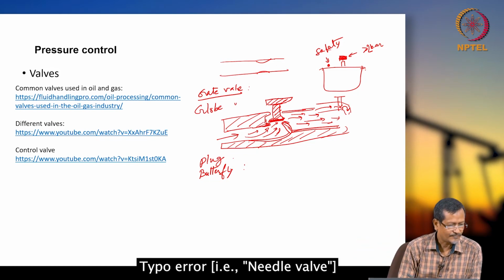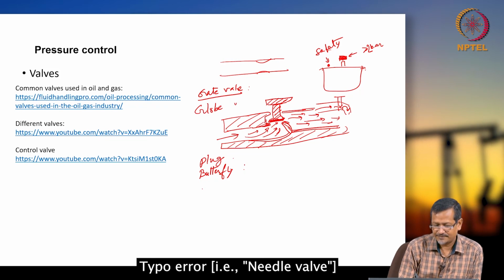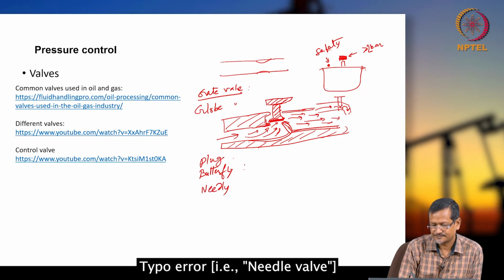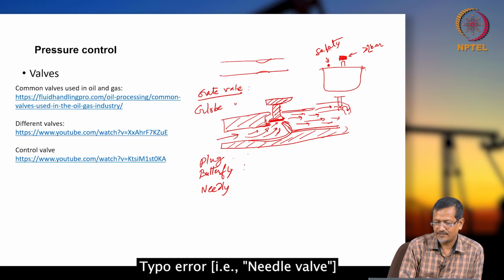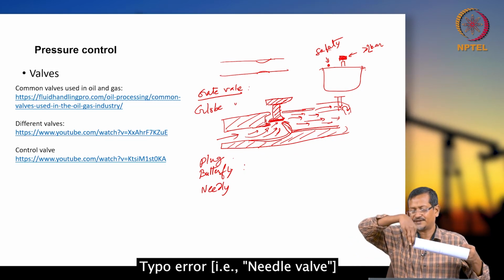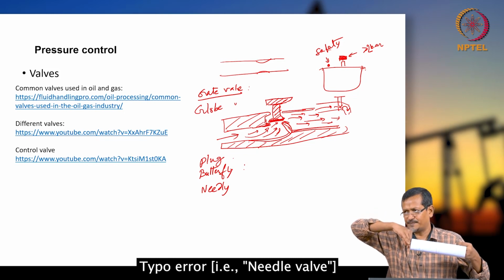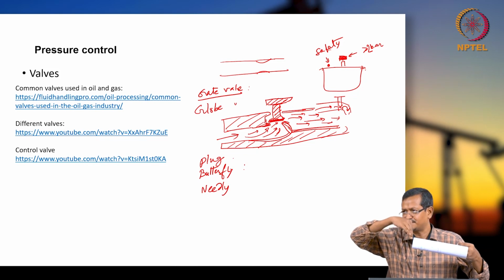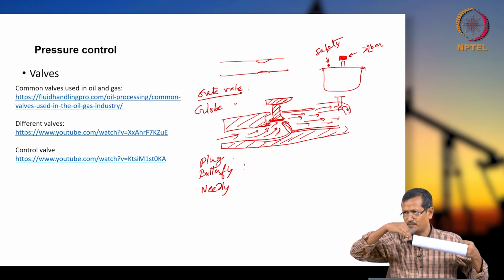Okay, then needle valve. In a plug valve you have one stem like this, and you rotate it, it will close the path, and rotating again, it will open. The needle valve has a similar function, but it controls more precisely.